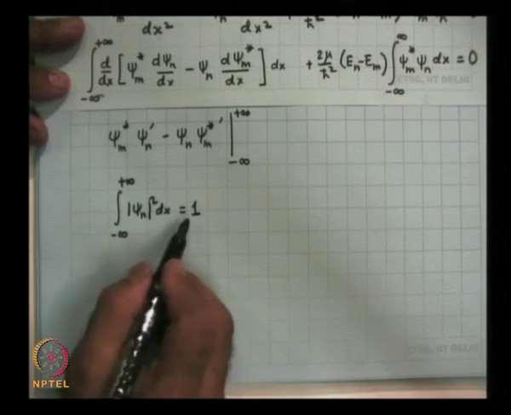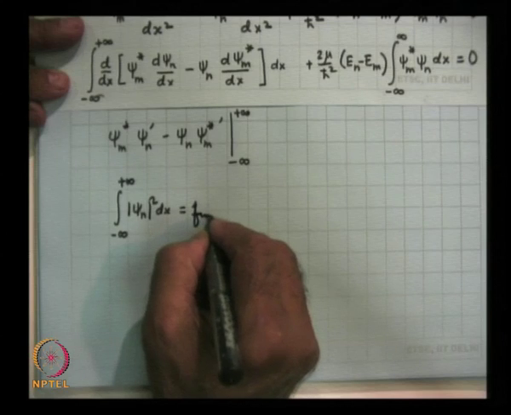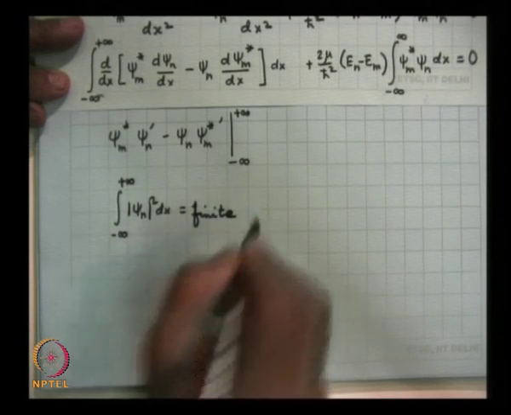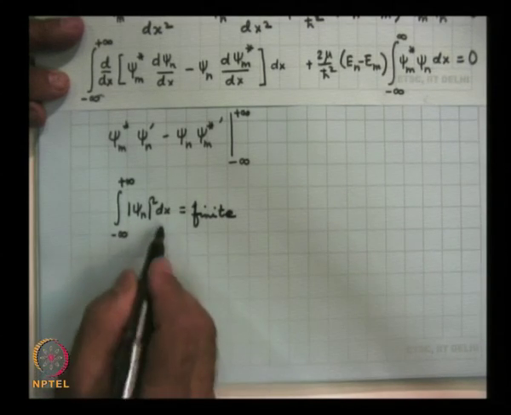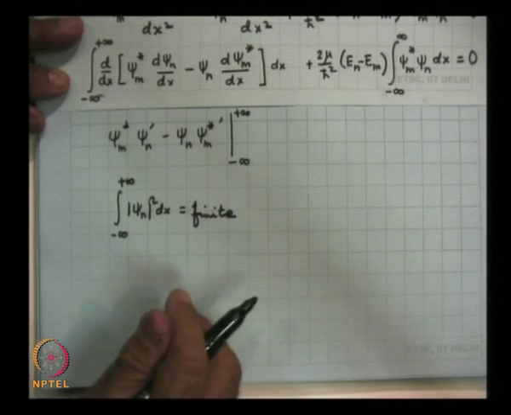A function which satisfies this is known as a square integrable function. And for a square integrable function, the function itself must vanish at infinity, otherwise it will not be a square integrable function.